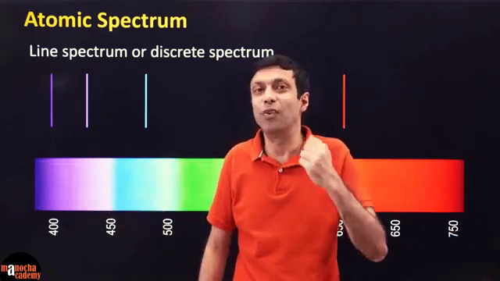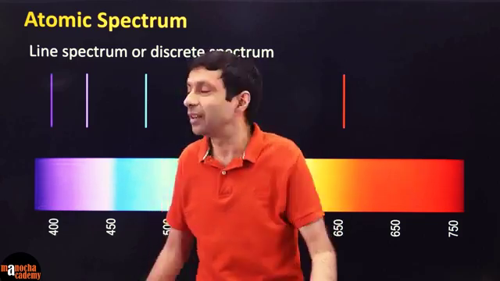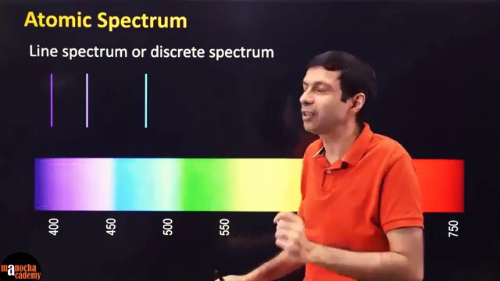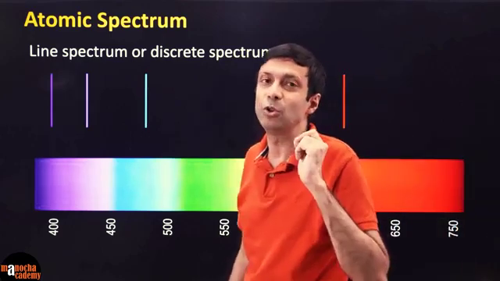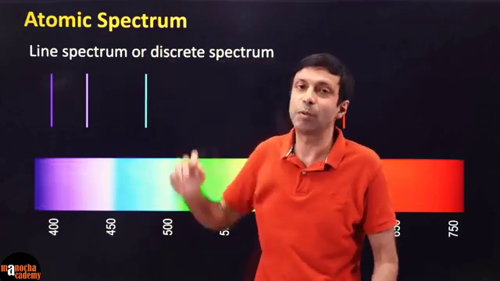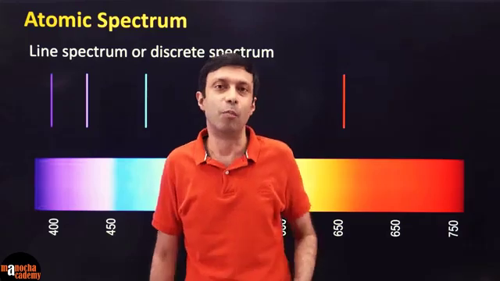And so when this energy is released, you will see that electromagnetic waves of certain colors, of certain frequencies are visible. And this is what Bohr was able to successfully explain. We'll be talking more details about atomic spectrum in our next video, but let's finish off with Bohr's postulates here.